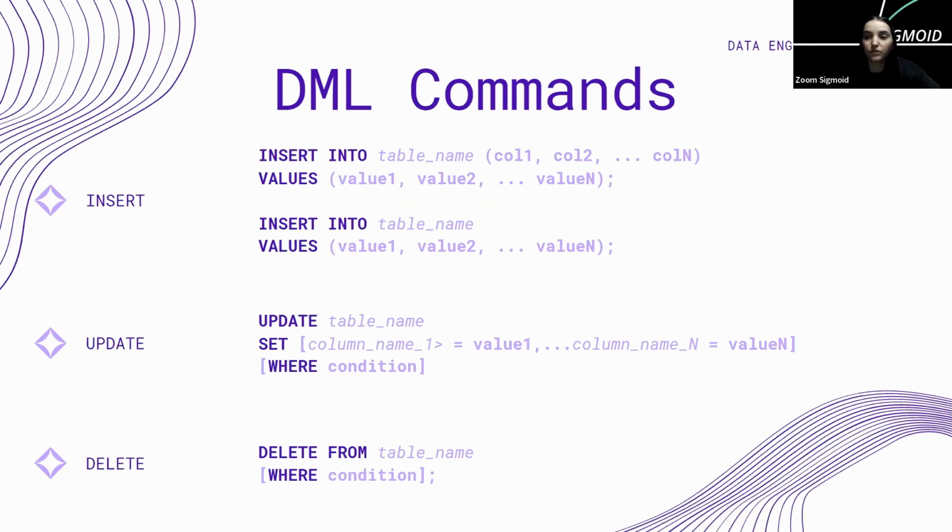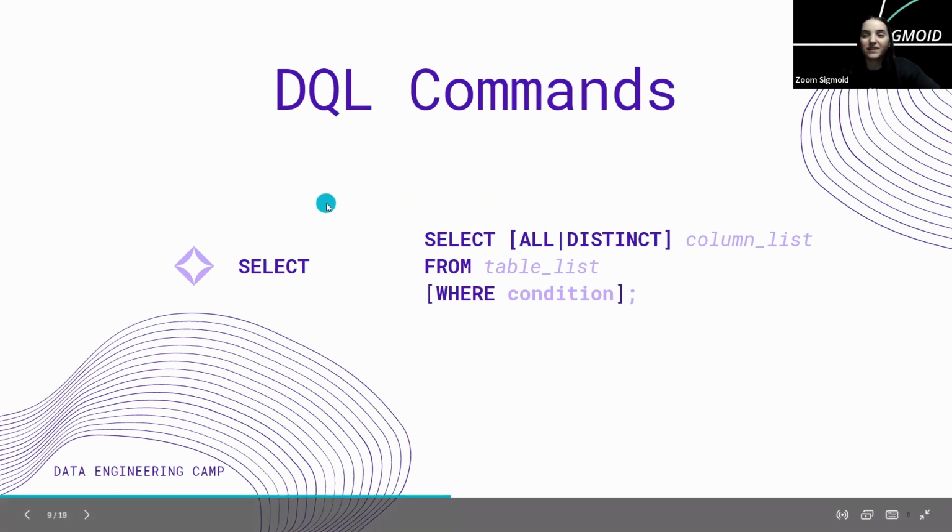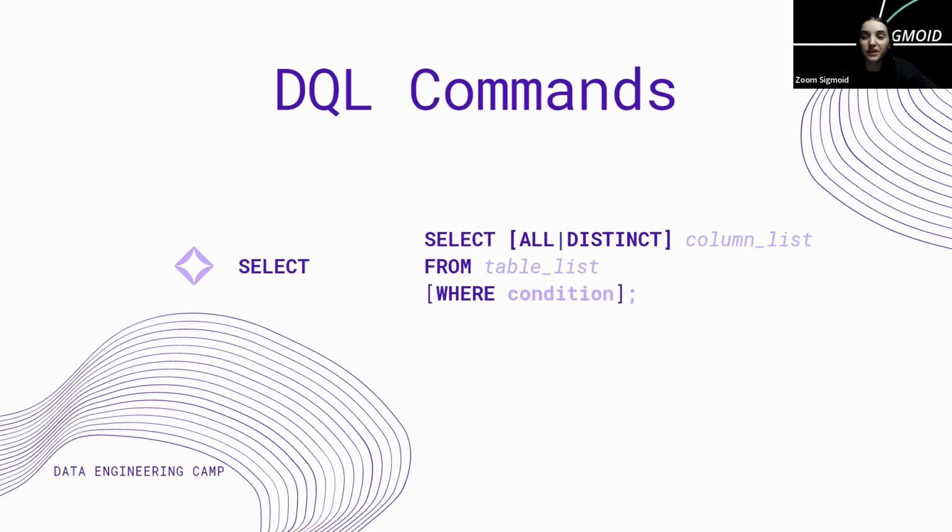Let's move next to the most complex, I think, command, which will be very, very used. At least in my workshops, you will use it a lot. We have data query language. Data query language is used to fetch, to obtain the data from the database.